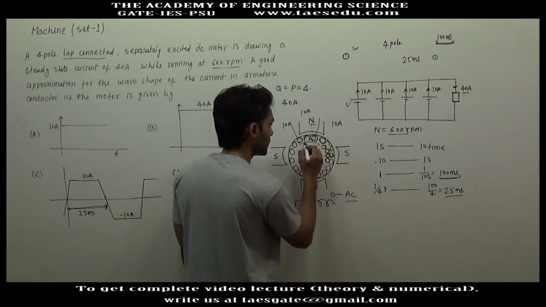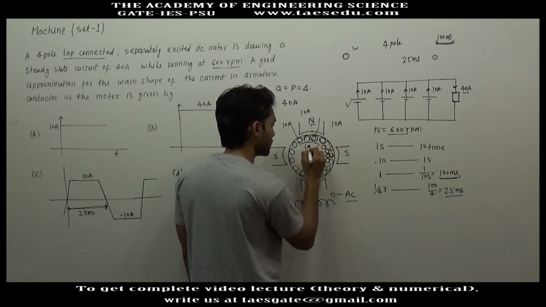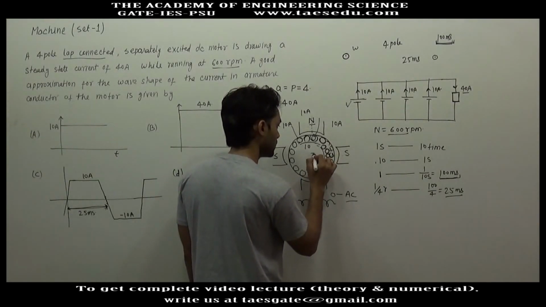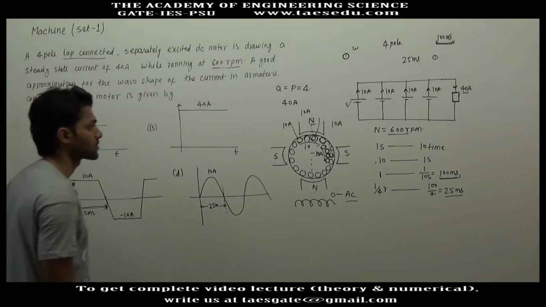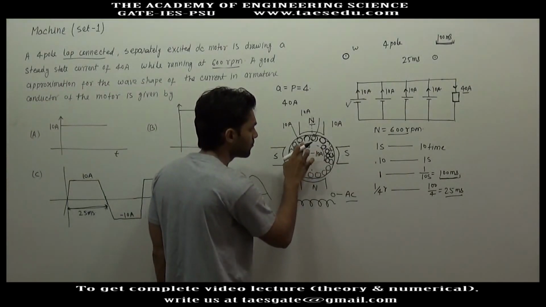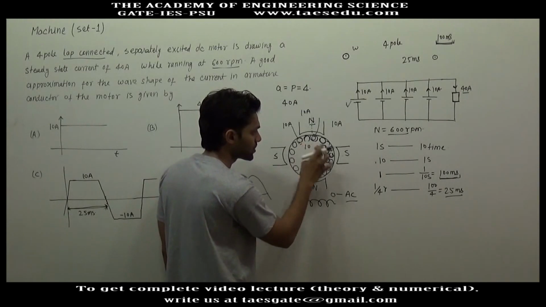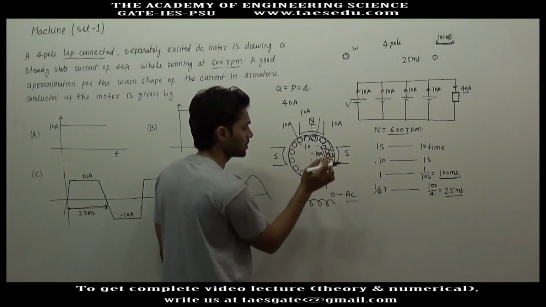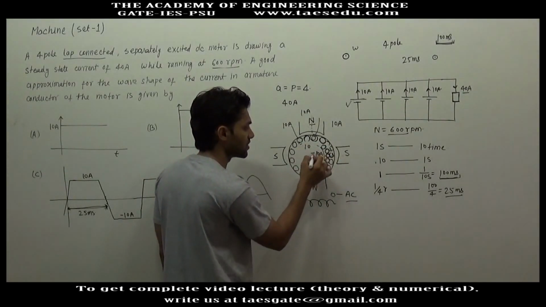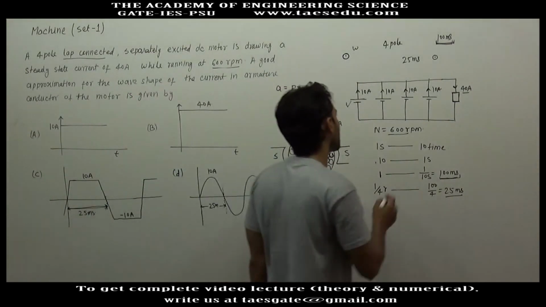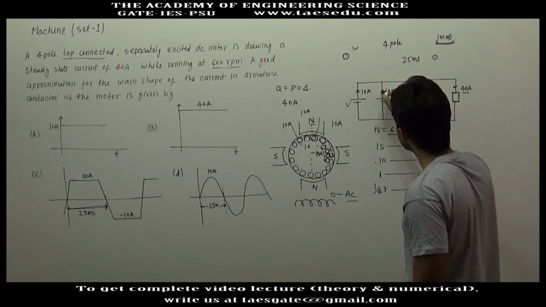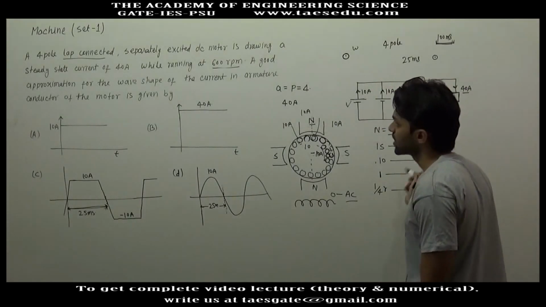So let's say in this position the current is 10 ampere, then in this position the current will be minus 10 ampere. Although while moving from this position to the position of south pole the current in each conductor is reversed, with the help of commutator and brushes the direction of output current will be the same, 10 ampere.